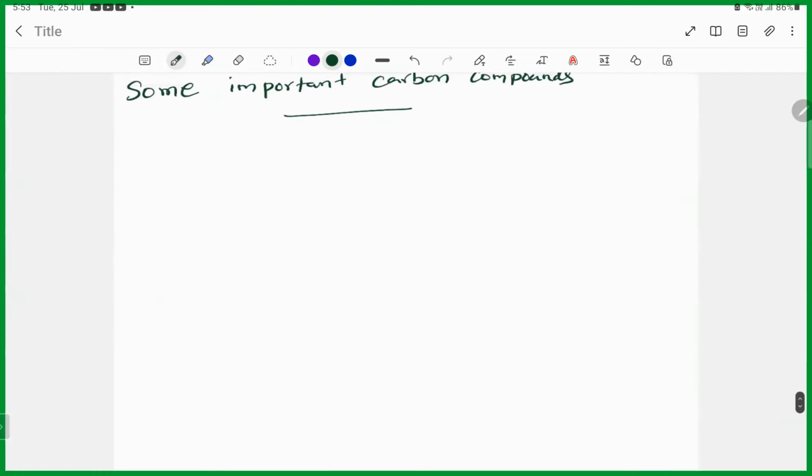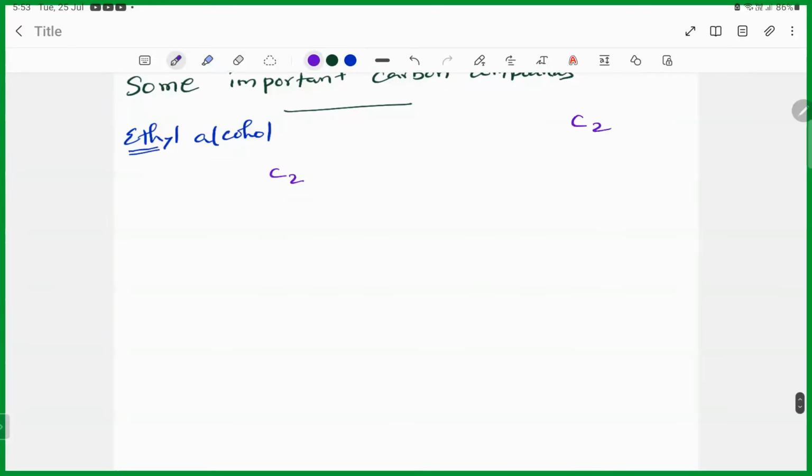So ethyl alcohol. What is the formula for ethyl? If you say ethyl, how many carbons? 2 carbons. Then you know what is ethane? C2H6.